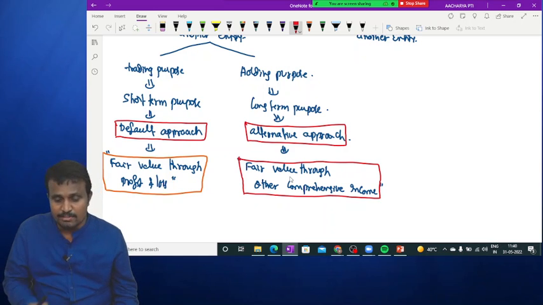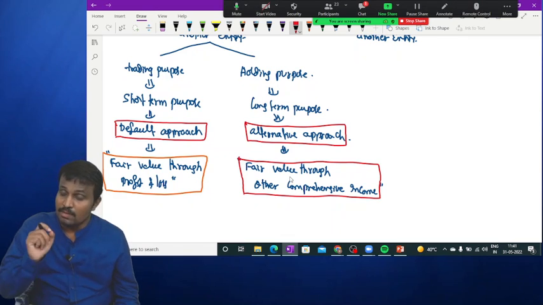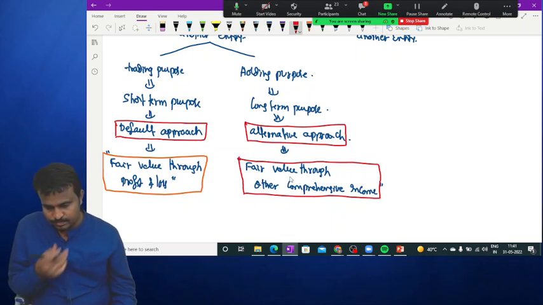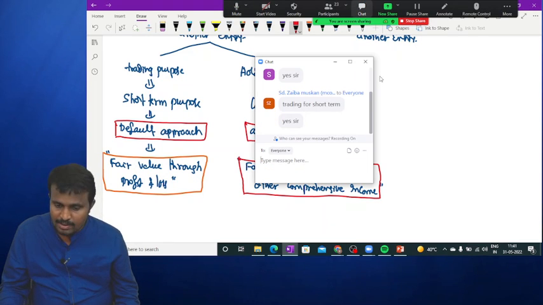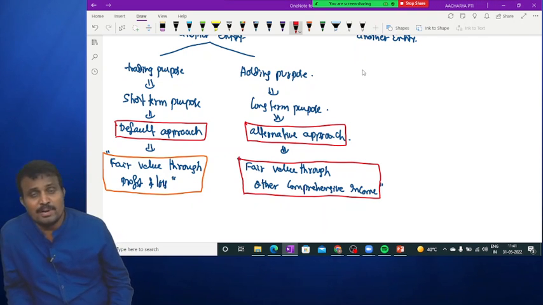So is it clear, everyone? Say yes or no. Yes, sir. Then anyone tell me the revaluation procedure as per IAS 16? What is meant by IAS 16?